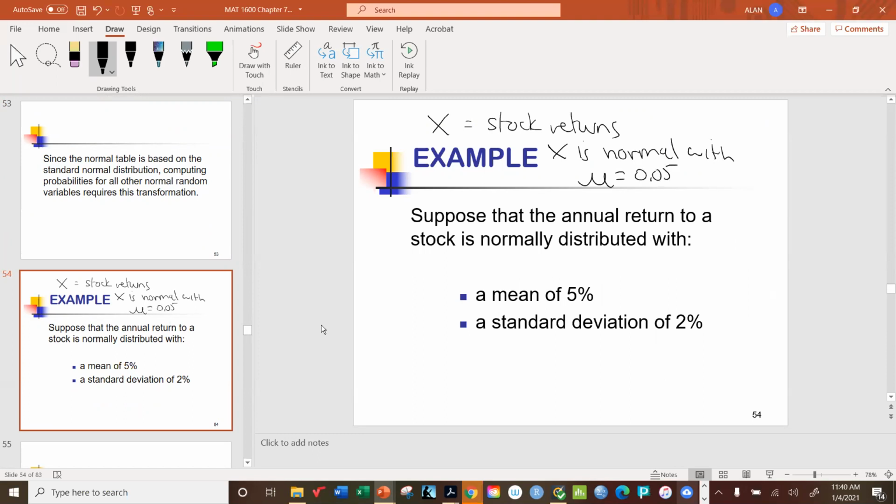I find it easier to deal with the decimals. And the standard deviation is 0.02. Now, we can calculate probabilities for the stock using our tables as long as we make sure we do the conversion properly. All right, so how would that work?